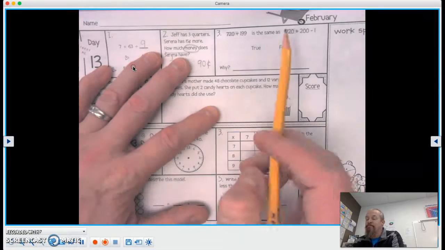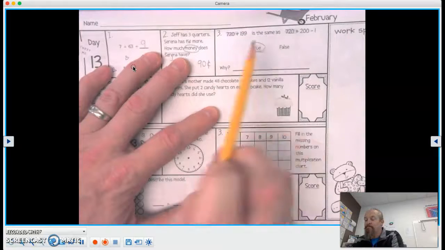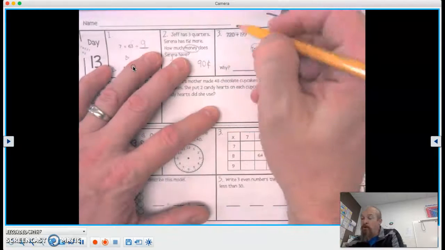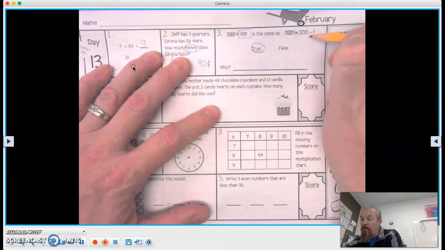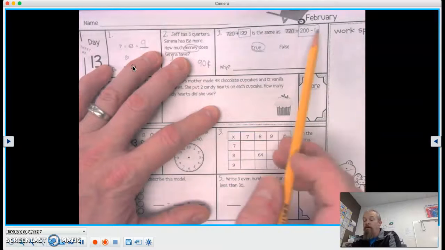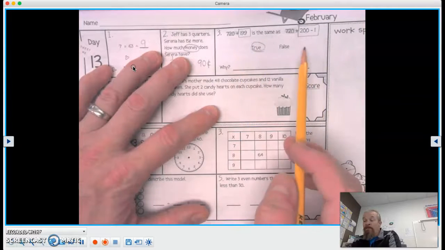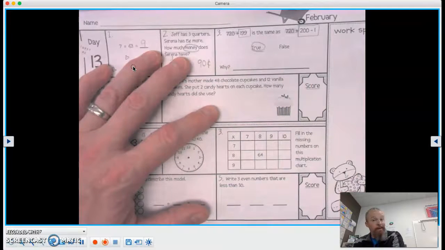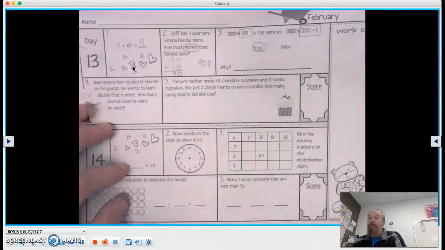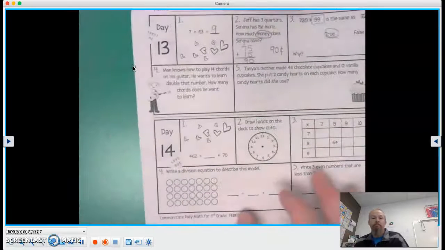Yes. These numbers are the same, so those don't change. We are really only looking at the 199 and the 200 minus 1. So are they the same? What's 200 minus 1? It's 199. Okay? So why? Because 200 minus 1 equals 199.